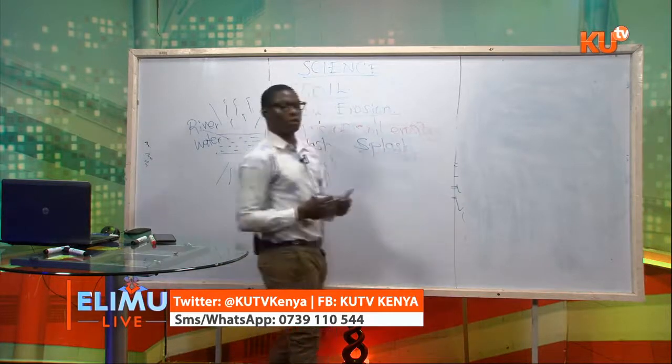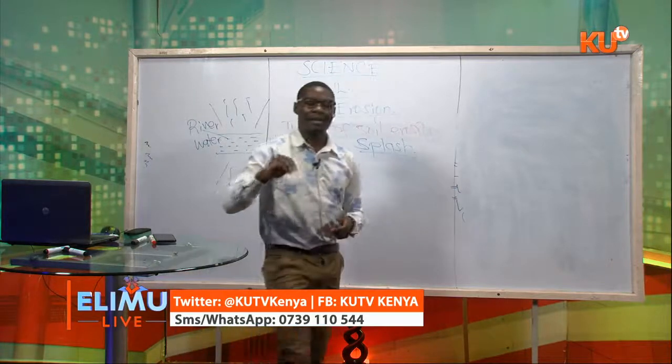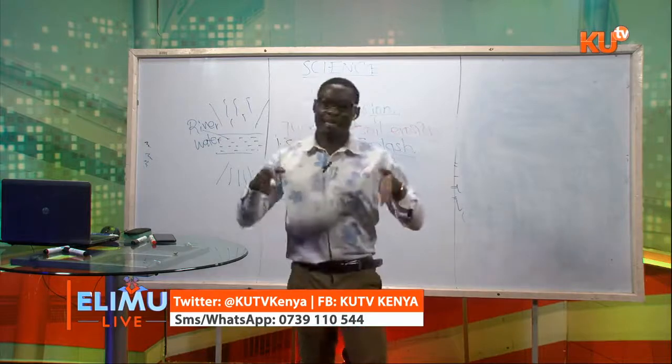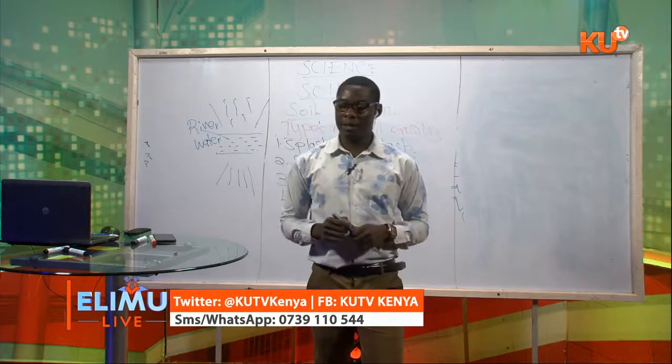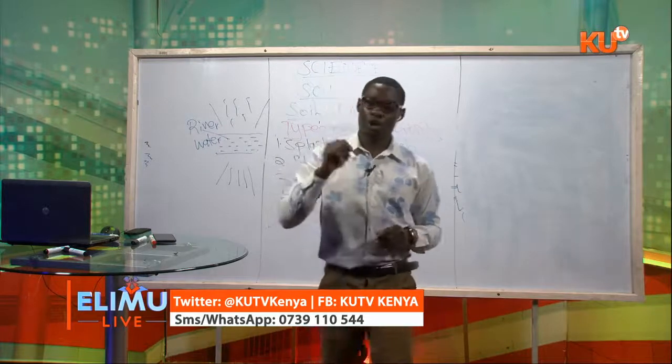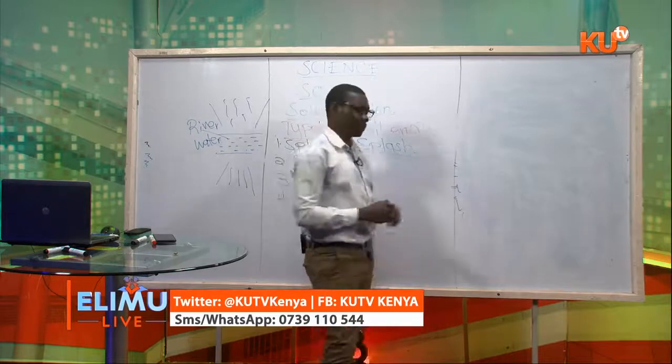Now, splash erosion usually occurs due to raindrops. So when the raindrops hit the soil surface, they displace the soil particles, leaving some small holes on the ground. That is what we call splash erosion.